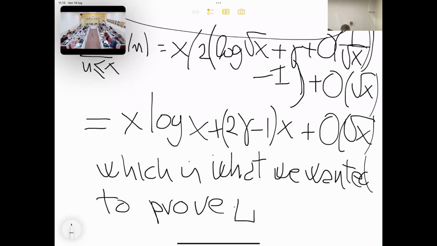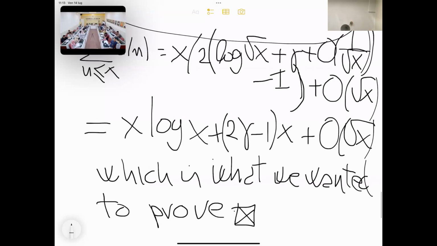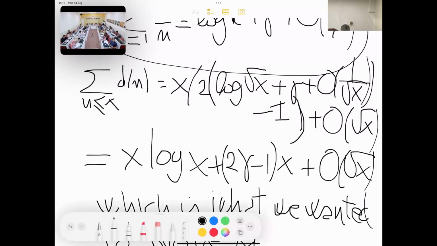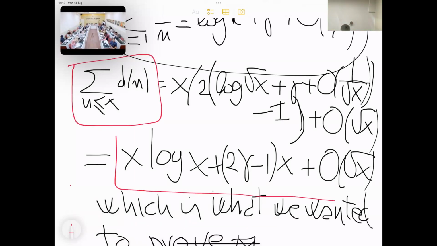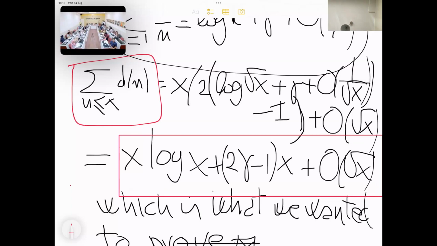Okay, so this is the end of the proof of the Dirichlet hyperbola theorem, which says that the average of the divisor function admits this asymptotic formula. And I only use the tools from calculus.